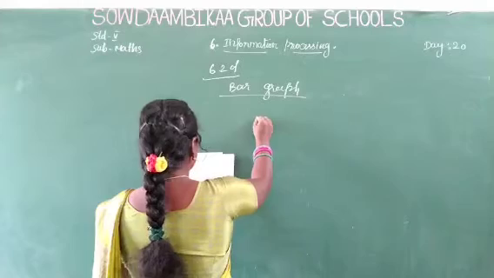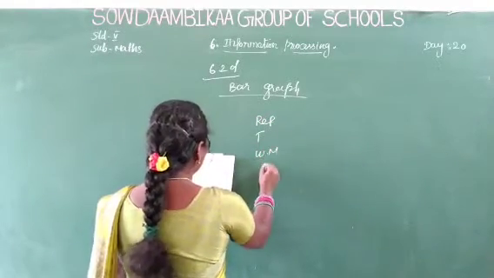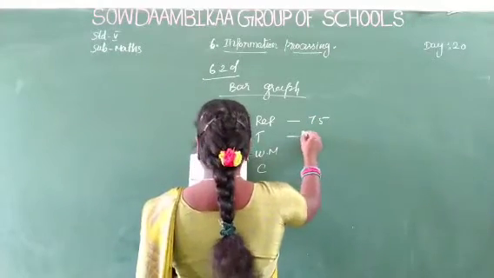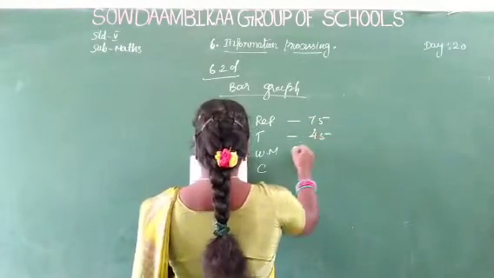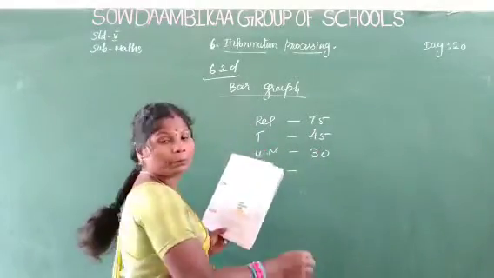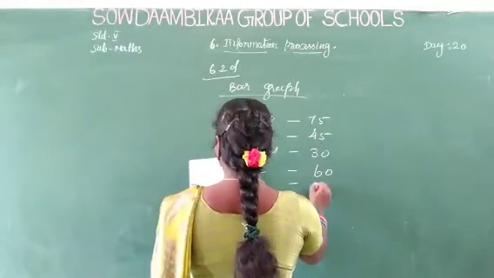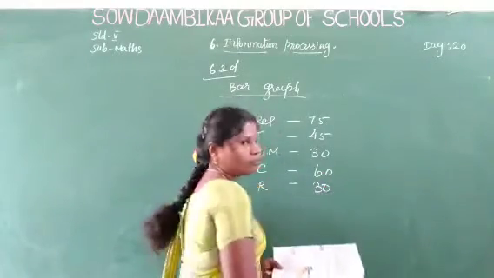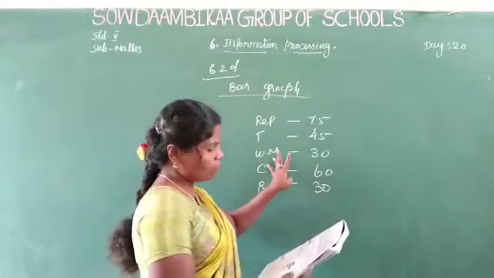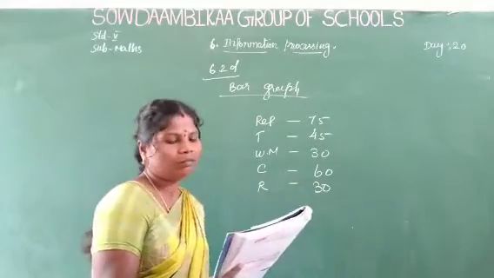Home appliances given: refrigerator 75, television 45, washing machine 30, cooler 60, radio 30.